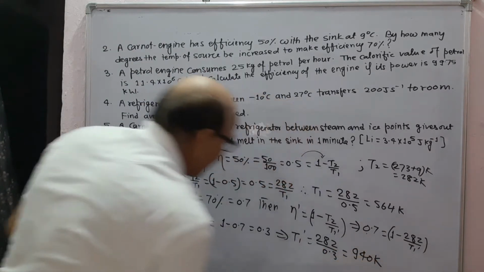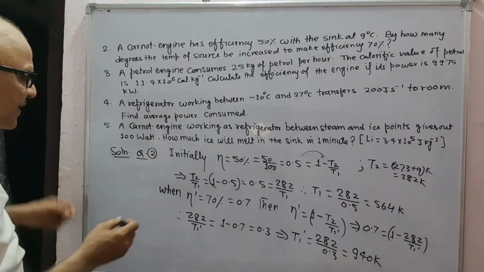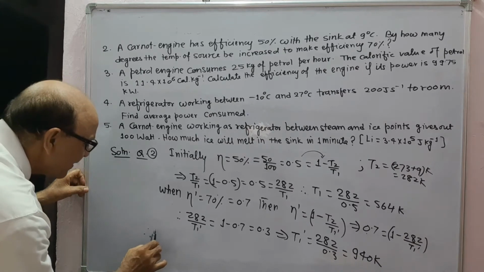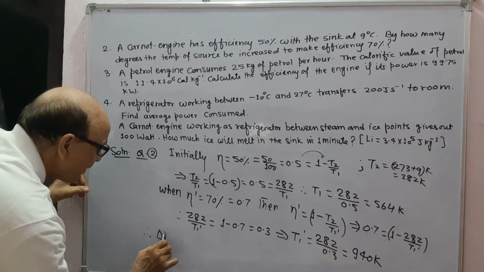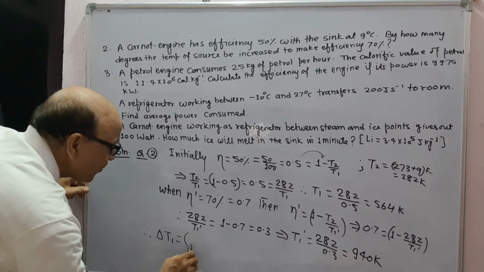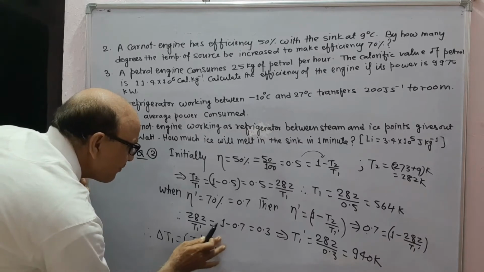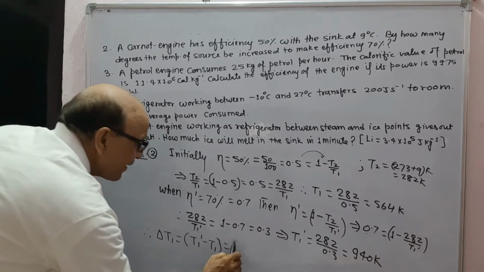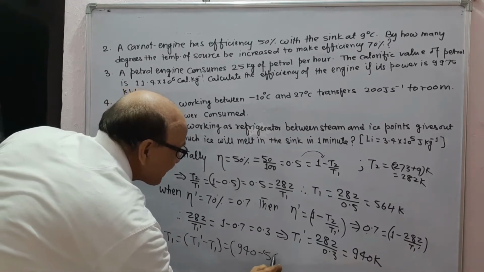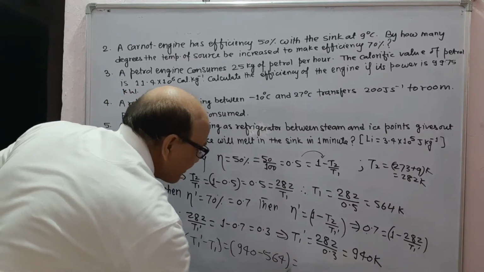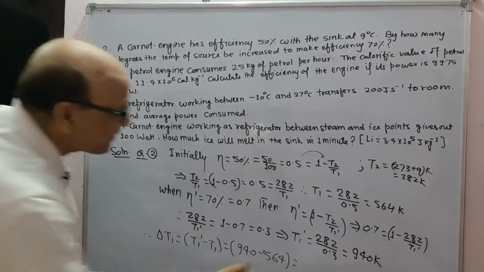So the change in temperature of source is therefore delta T1 will be equal to T1 dash minus T1, means 940 minus 564 Kelvin, which is equal to 376 Kelvin.